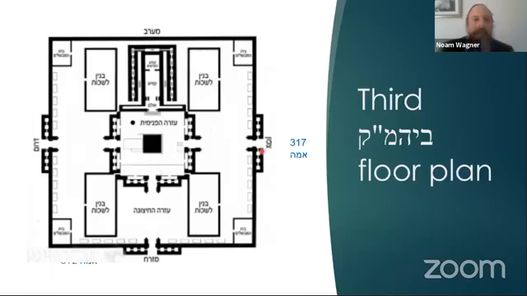In the third Beis Hamikdash, the Ezras Nashim goes all around the entire area. The size is 317 ames from east to west, 312 ames from north to south. A very large area. The Azara is exactly symmetrical inside, 100 ames by 100 ames, right in the center.